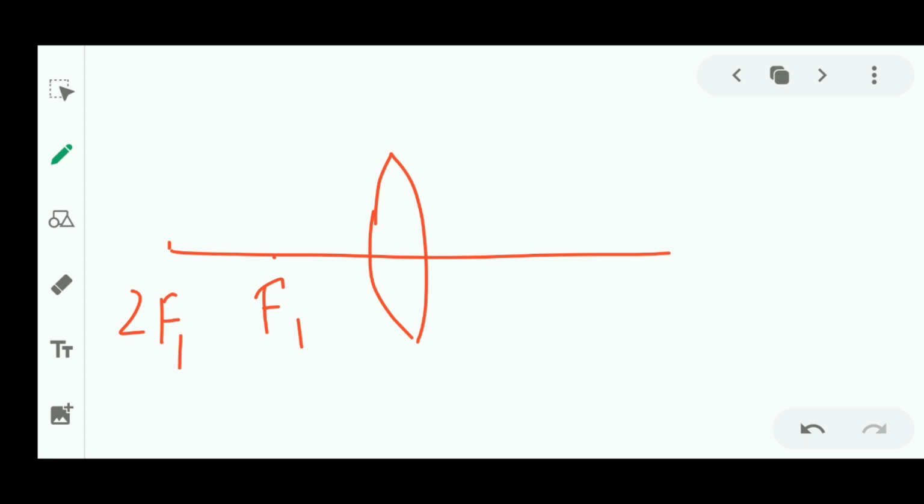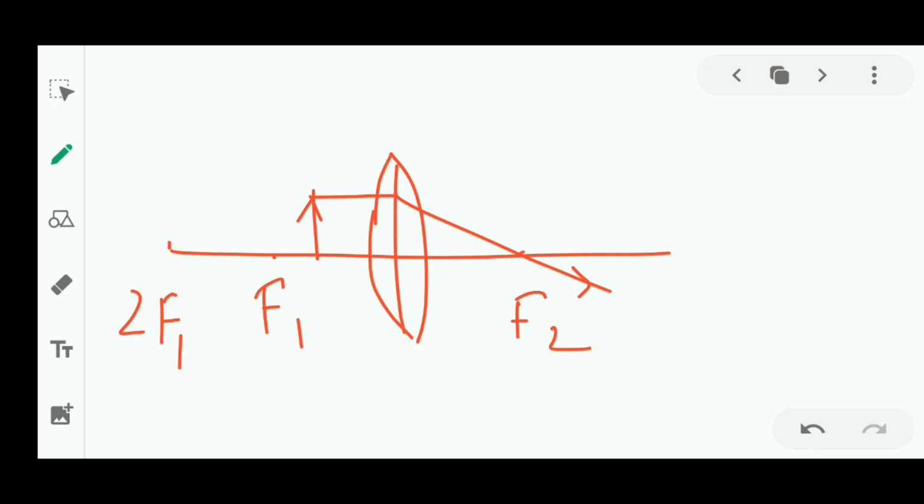If you keep an object here, then what will happen? A ray which is parallel to the principal axis, after refraction through the lens, will go towards the focus and meet at the focus.